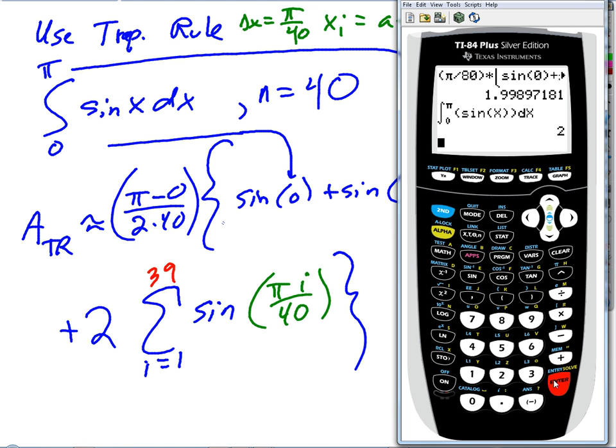I mean, with n equals 40 you had the exact answer, so you can go based on that. Sure, but what if we didn't have the luxury of a function that we could integrate analytically to compare the two? Because really the reason we have this thing in the first place is for those few cases where we can't find an answer any other way, assuming we don't have a graphing calculator right there to do it for us, right? And so we need some kind of a way to make an estimate of how many trapezoids we need. What n makes sense? So that's what we need to talk about next time.